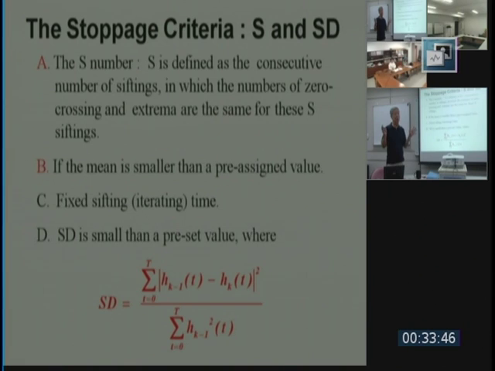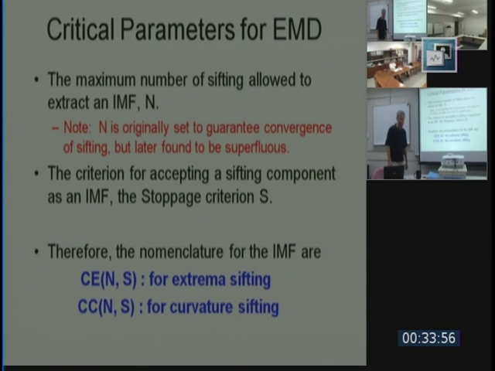If they're different small, then I stop. But they are all valid stoppage criteria. I'm going to use this today as a way to generate that.